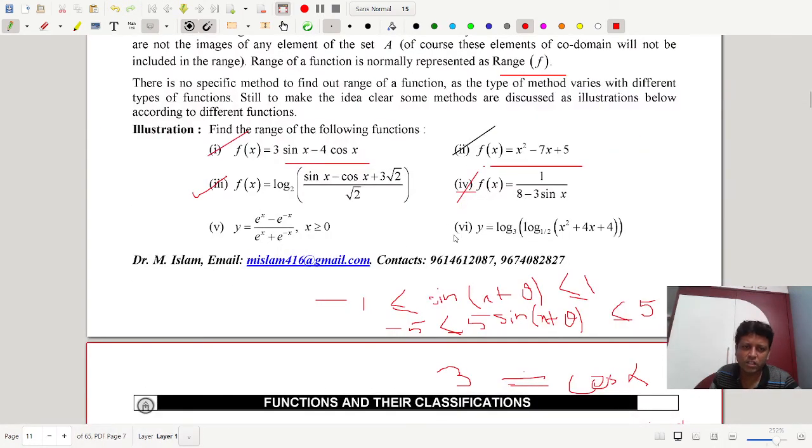I think I will explain this one. The log is the most important and the critical one out of all the problems, because you have a log with base less than 1. Look at that. Log base is less than 1, half.